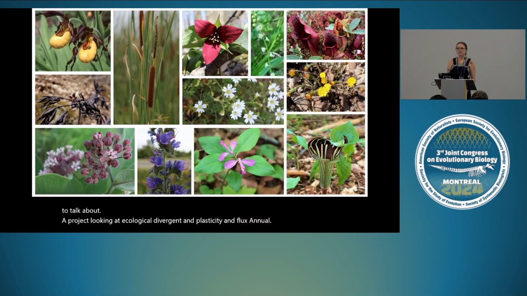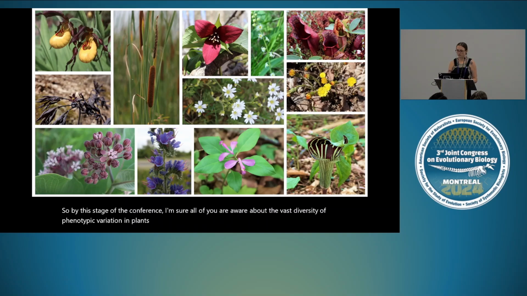So by this stage of the conference, I'm sure all of you are aware of the vast diversity of phenotypic variation in plants, but if you'll allow me to divulge a little bit. When a seedling emerges from its seed, it's essentially stuck in the place where it grows for its entire life. And this immobility really forces this plant to be dynamic in its phenotype in order to survive, to reproduce, and to grow.